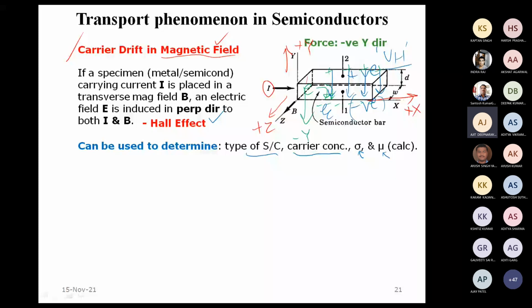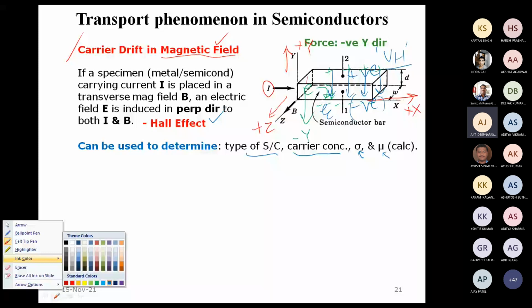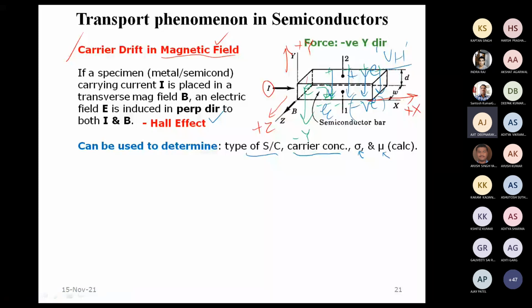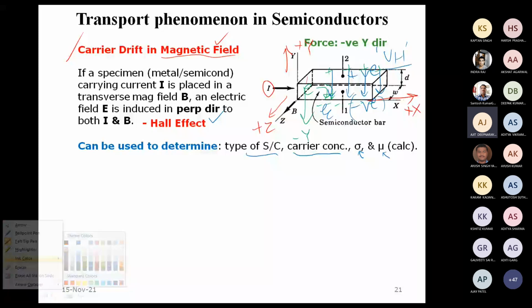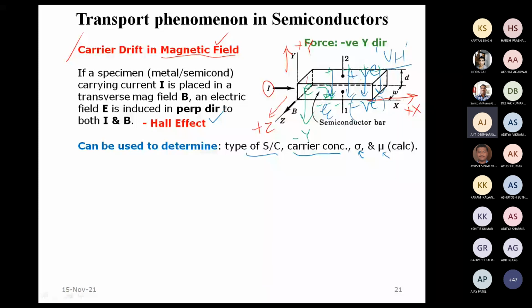This discussion is valid for electrons here. Equally, if we assume that the charge carriers are positive, that is holes, then the same phenomenon is valid for that also. Suppose this is positive charge, then on side 1 the positive charges will be deflected here, and on the other side it will appear as if there is negative charge.